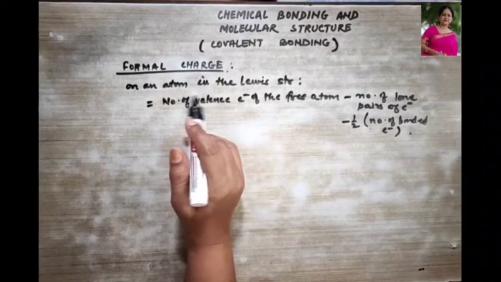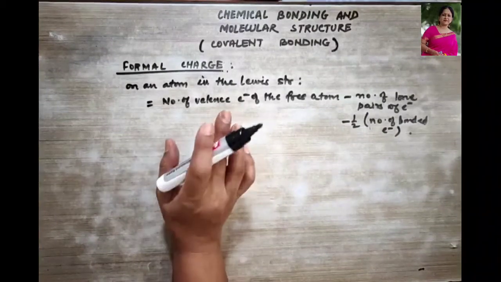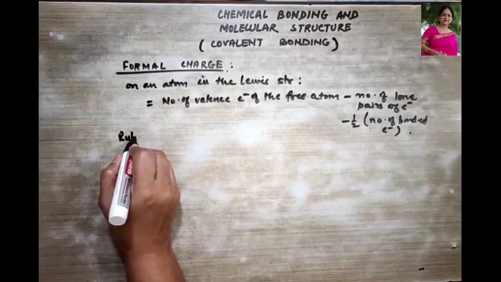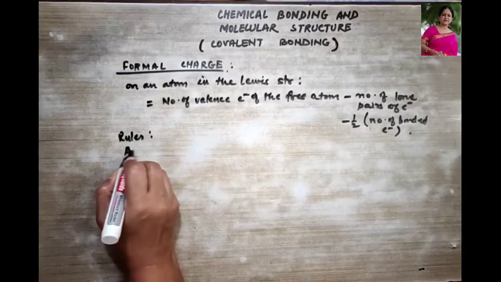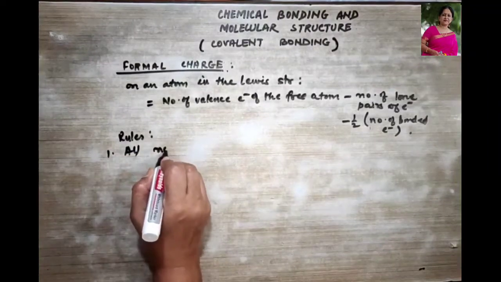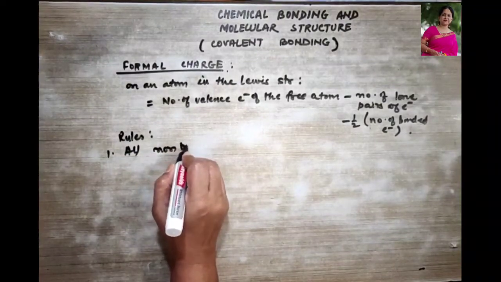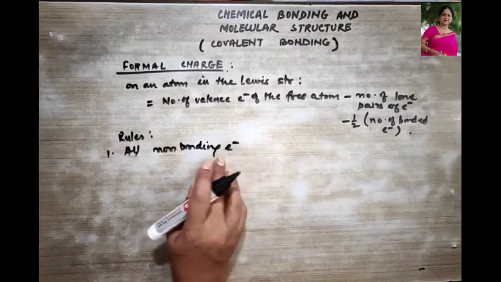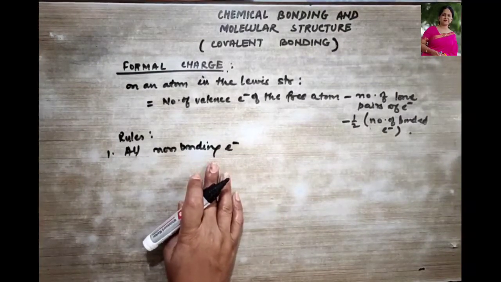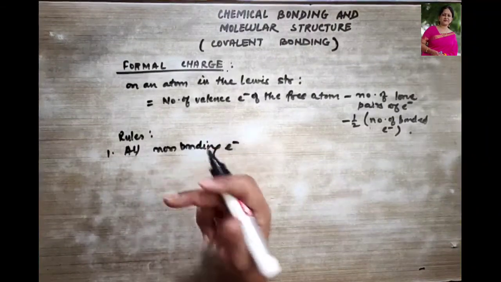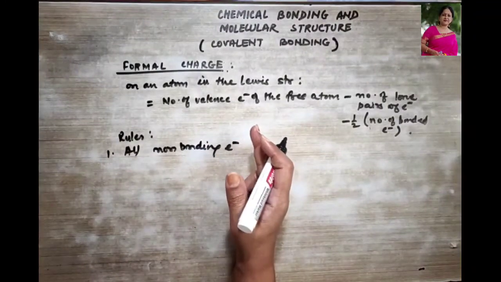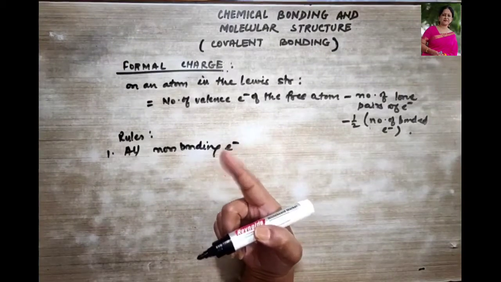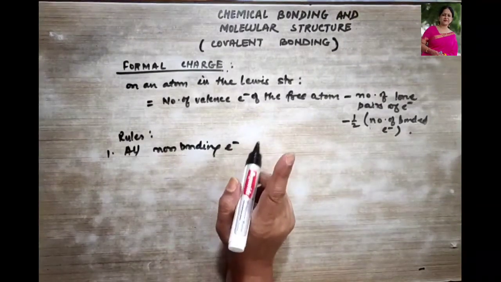What are they? That all the non-bonding electrons. Now, what are the non-bonding electrons? I'm talking about those unshared electrons, the lone pairs, the unbonded valence electrons.